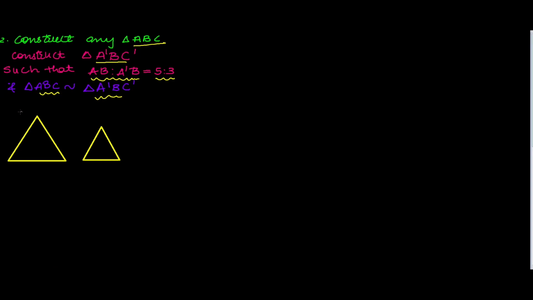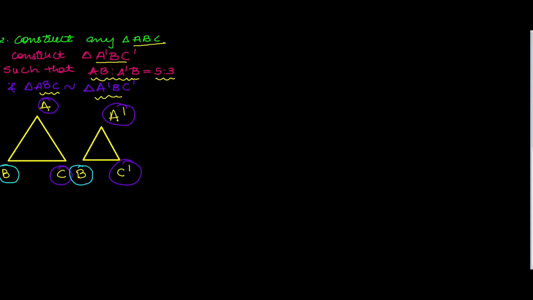We will see. First triangle is ABC and second triangle is A dash B C dash. You will notice that A is different, and over here A dash is there. C is different, and C dash is there. But you will find that B is the same.